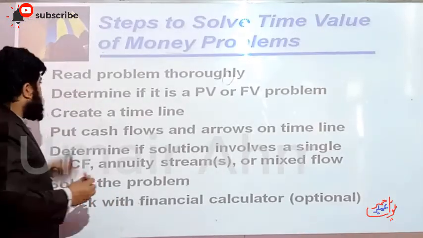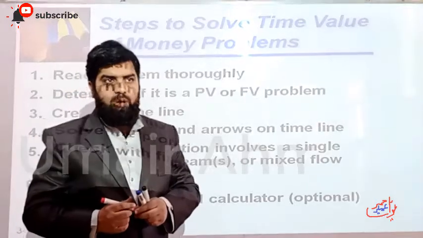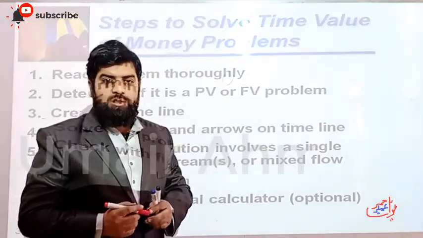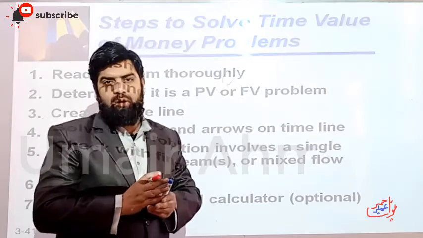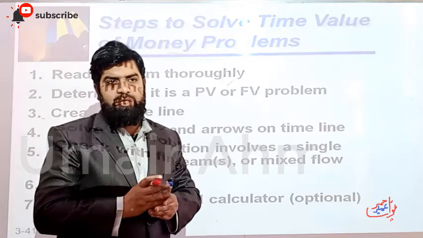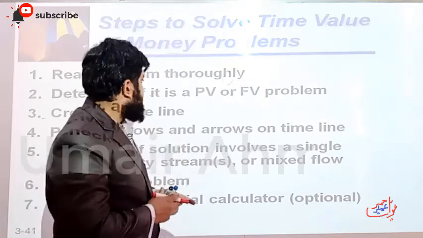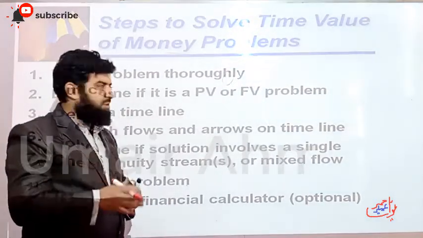First of all, read the problem thoroughly. Read it at least 2 times. If you understand it the first time, still go for another read, because sometimes we omit something. So you have to read it again and again for better understanding.